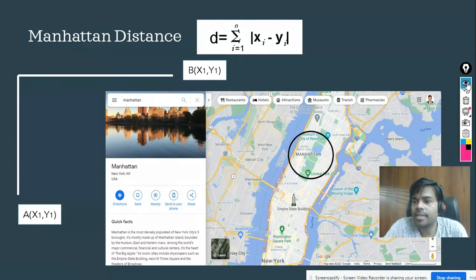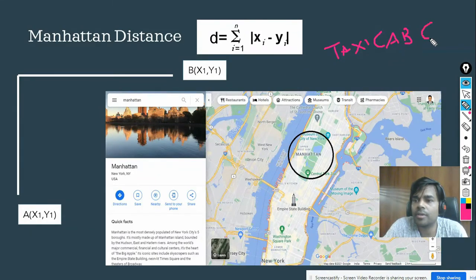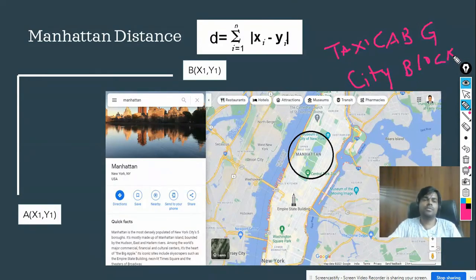Manhattan distance is also known as taxi cab geometry, or it is also known as city block distance. So the question comes: where to use Euclidean distance and where to use Manhattan distance?